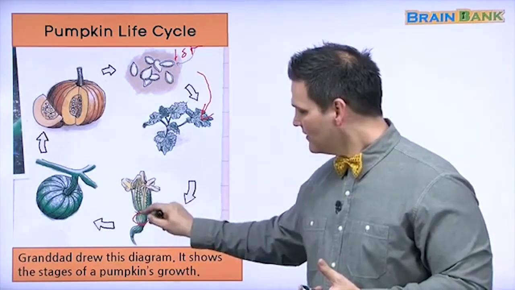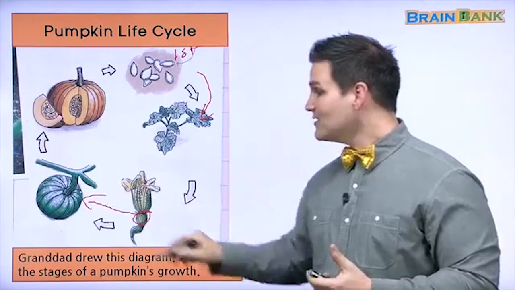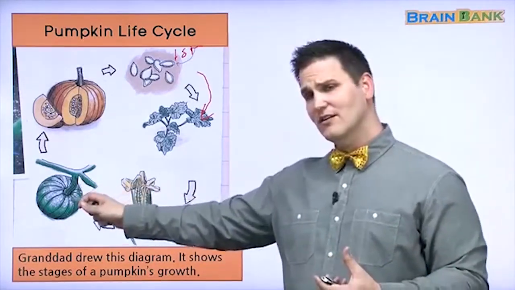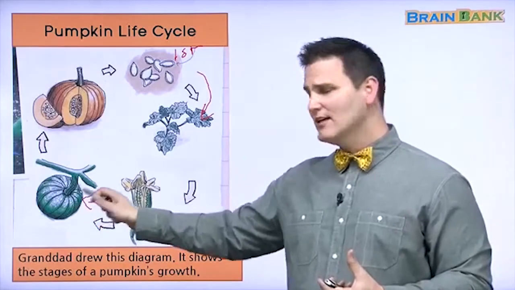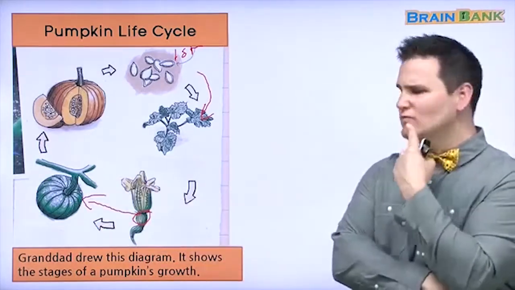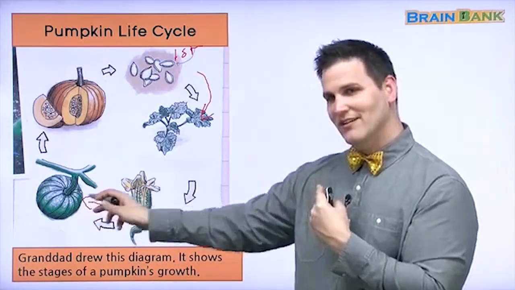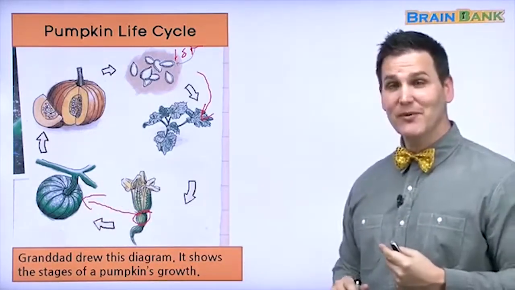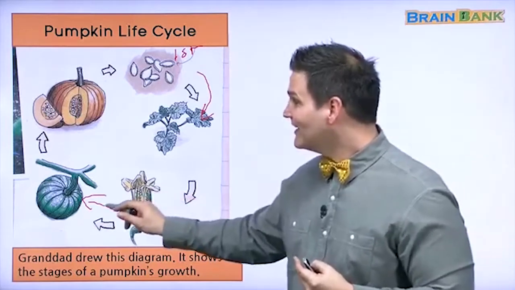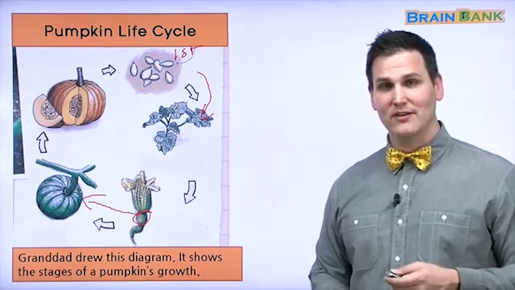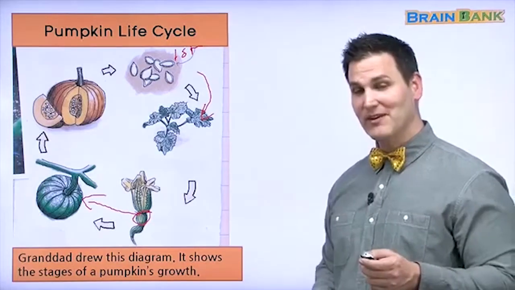And then this gets bigger and bigger. Is this a big pumpkin yet? What color is that pumpkin? This one. This is a green pumpkin. And finally, it turns into an orange pumpkin or a ripe pumpkin.